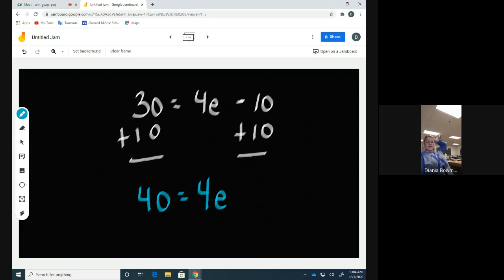Guys, how do I get e all by itself? What do I have to do to get e by itself? Divide. I'm going to divide both sides by what? 4. All right. So both sides divided by 4.